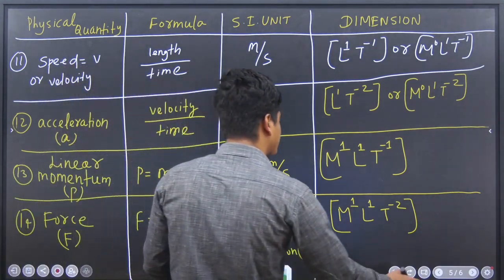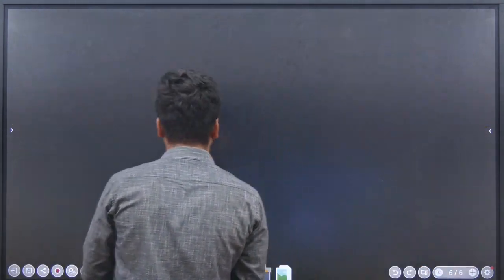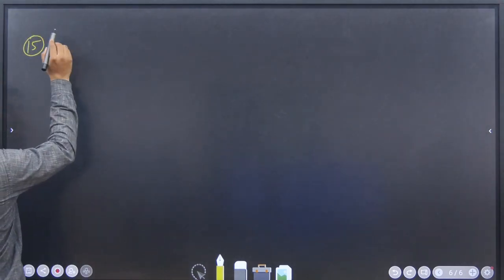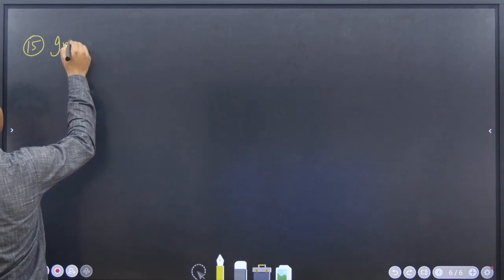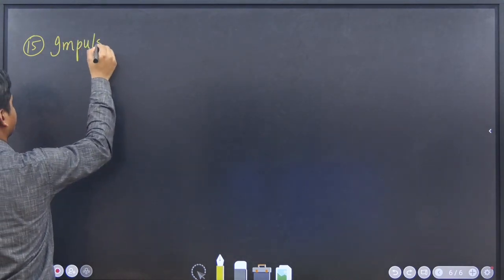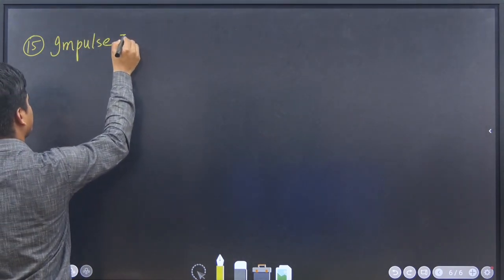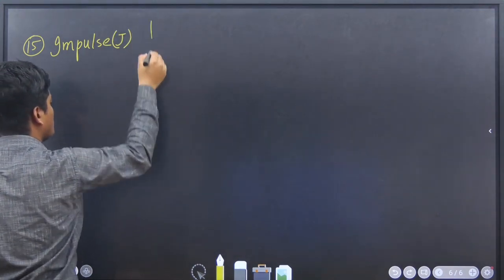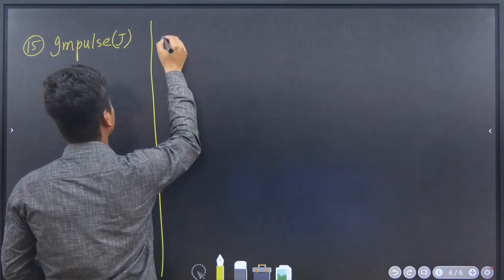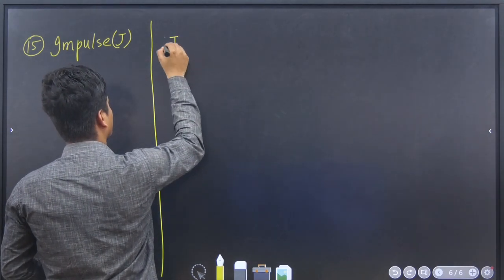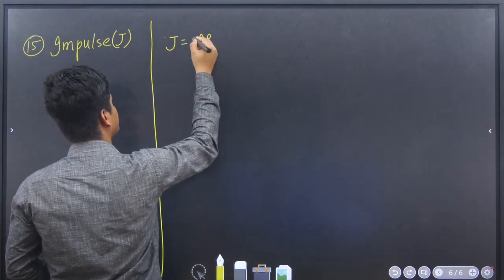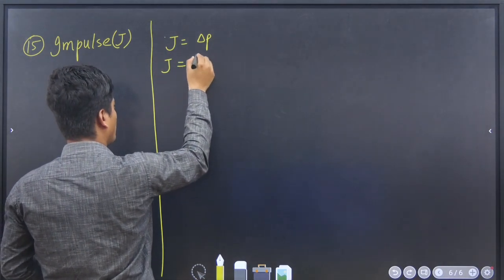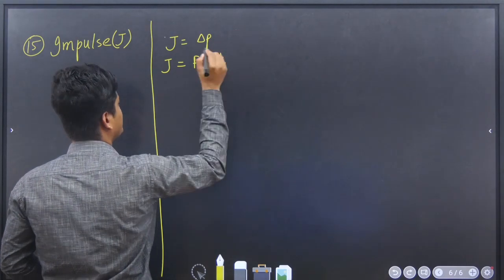Now I will go to the next point, the 15th one: impulse. The impulse symbol is given as either J or I. Now the formula for impulse: impulse is either the change in momentum, or force into a small interval of time.